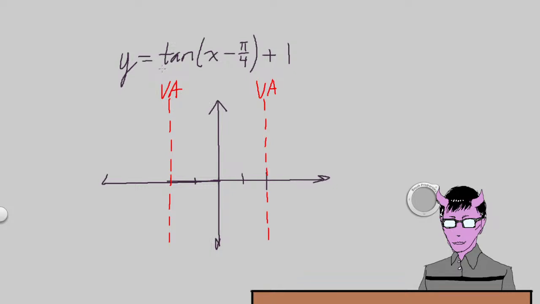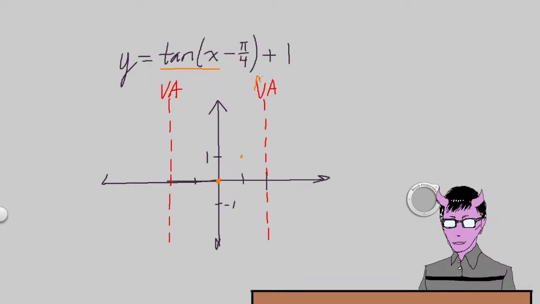And just considering the tangent of x function, 0, 0, pi over 4 leads us to 1. So let me put the hash marks first. This is going to be 1, not to scale. This is going to be negative 1, not to scale.